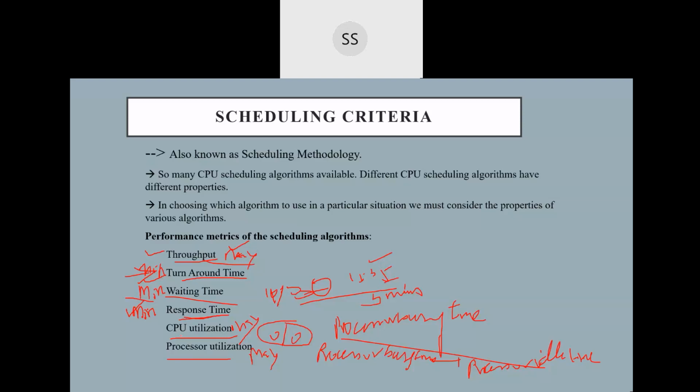Finally, process utilization is the ratio of processor busy time to the sum of processor busy time plus processor idle time, and this must also be maximum. Based on all these performance metrics, we will go into detail about the scheduling algorithms. Is it clear now? The girl who asked the doubt, is it clear? Shall I continue?